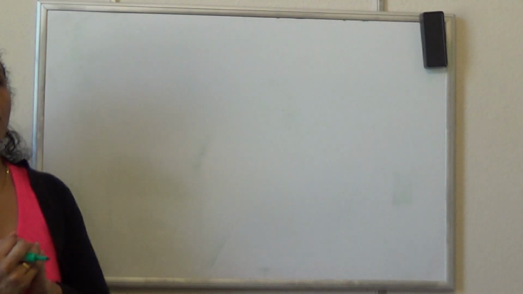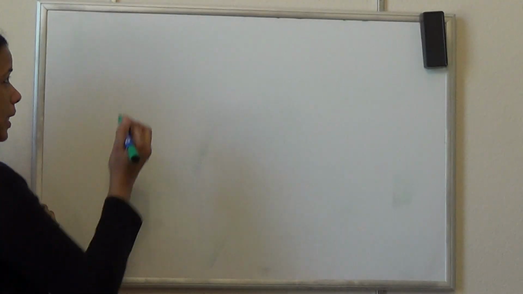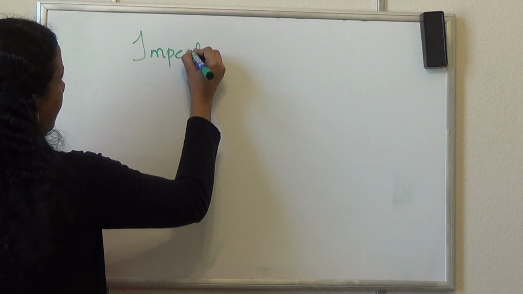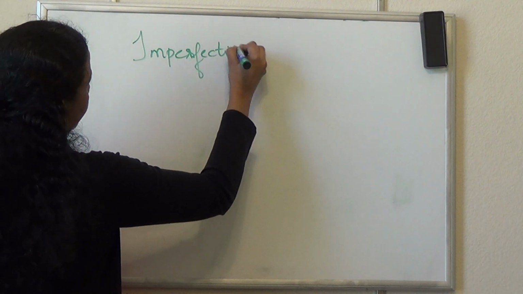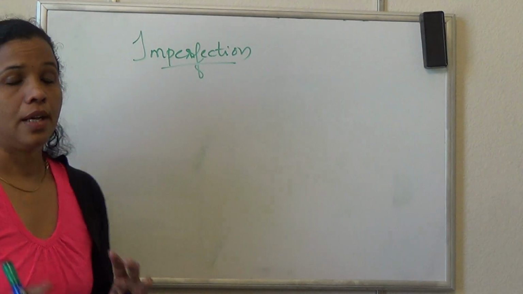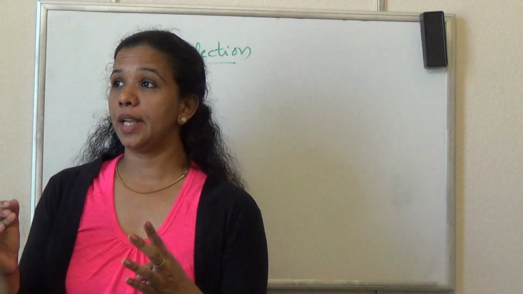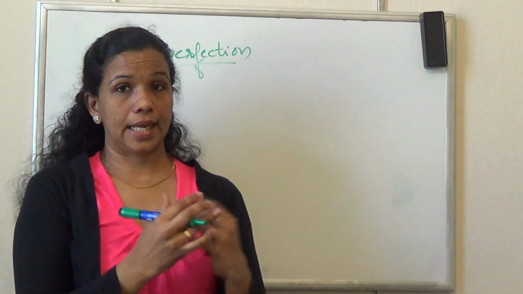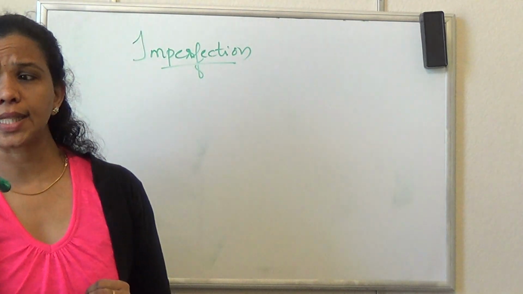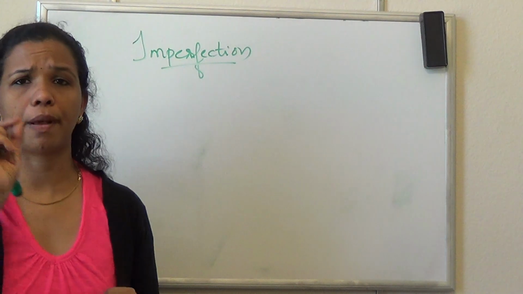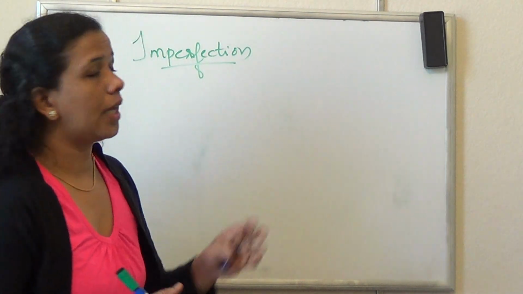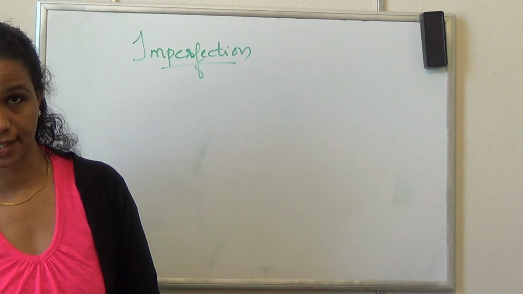Here we are going to study imperfections. What is meant by imperfection? We learned that in solids atoms are very closely packed and perfectly orderly arranged. If there is any change in this perfectly ordered arrangement, that is called imperfection.